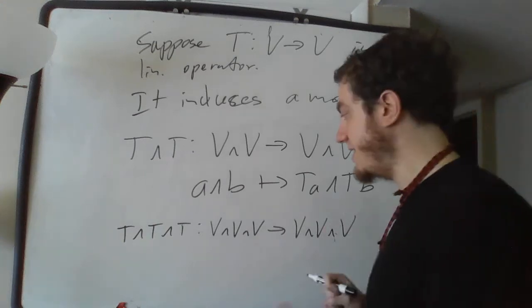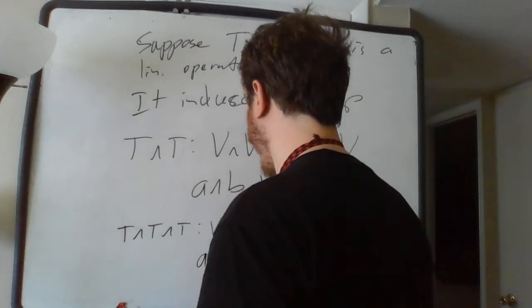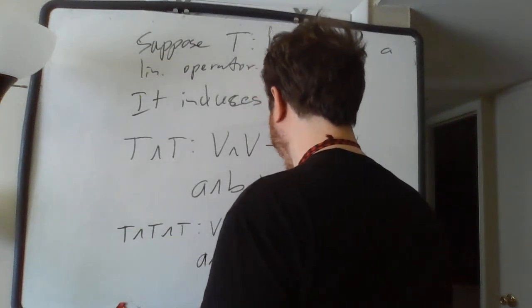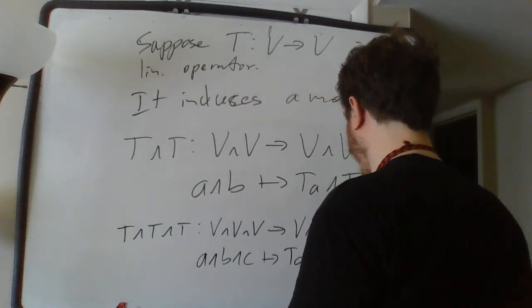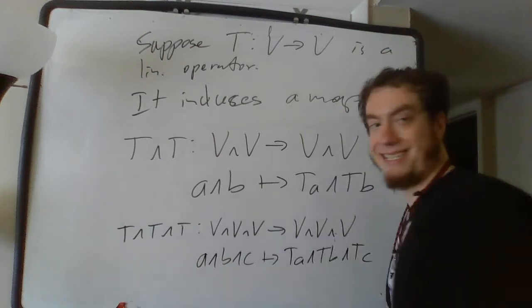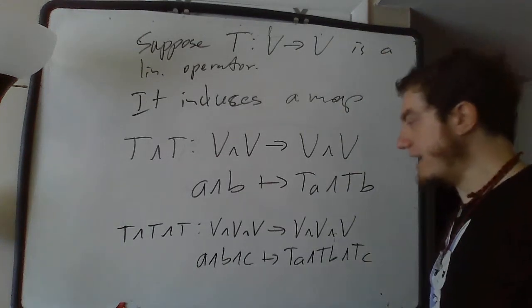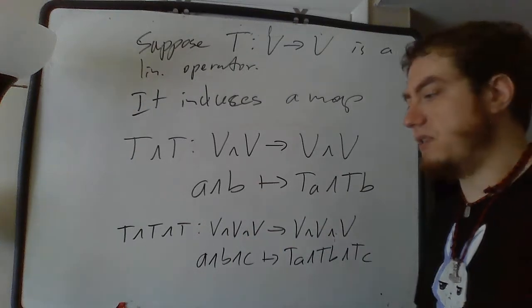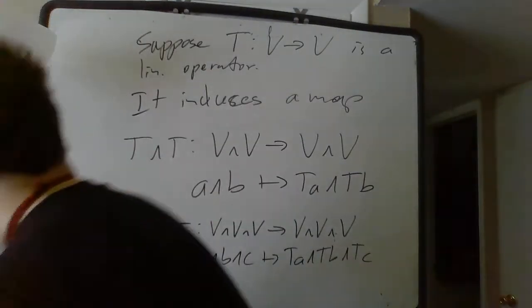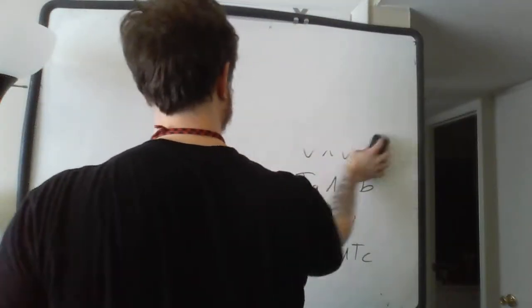As you can probably guess, the way that we would define this is that a wedge b wedge c should get sent to Ta wedge Tb wedge Tc. Okay, so we're getting somewhere here with these definitions, but where does the determinant come in? Well, the determinant comes in the following way.